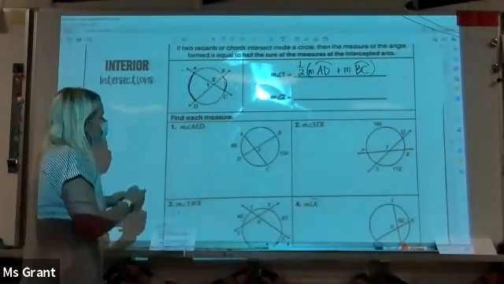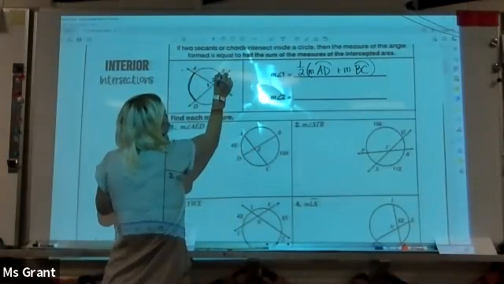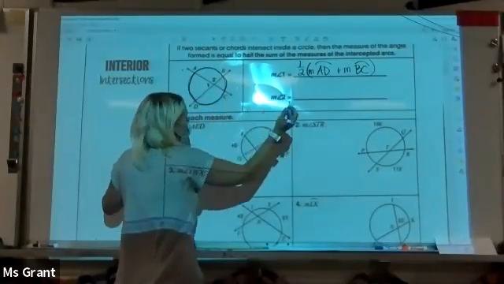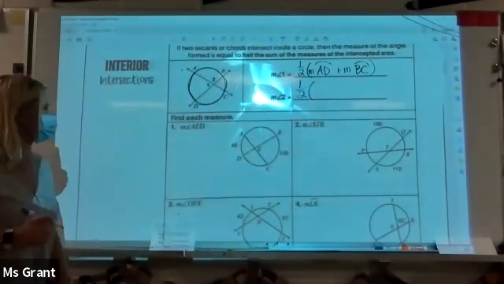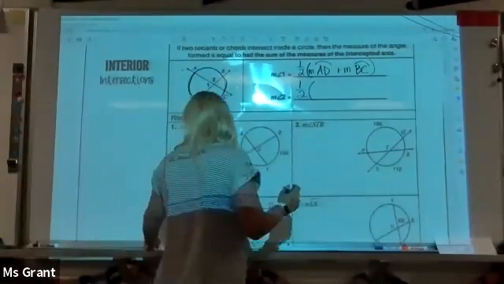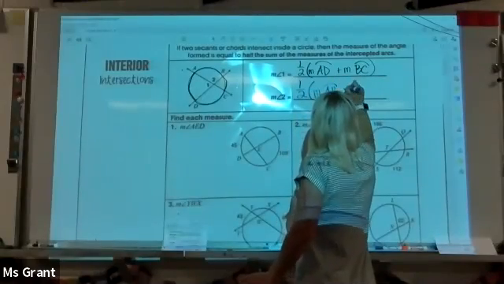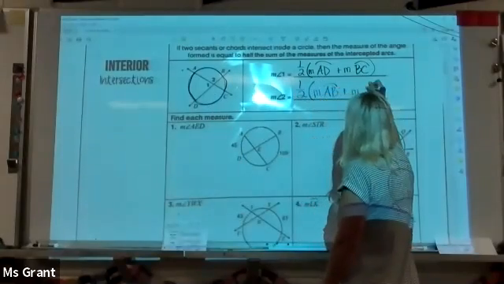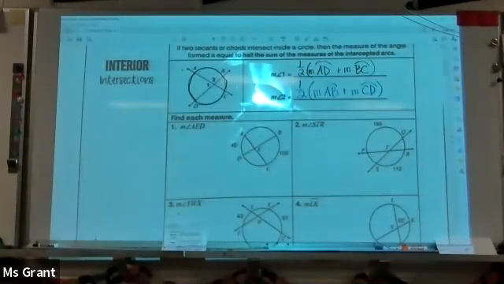Likewise, angle 2 is half of the blue arcs, which I'll call AB plus CD. So those are the rules for today.